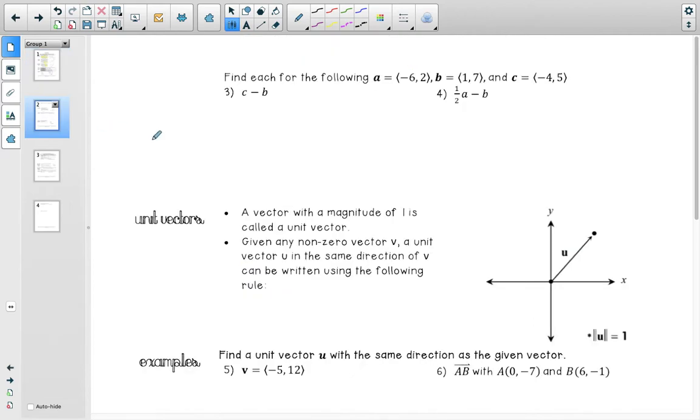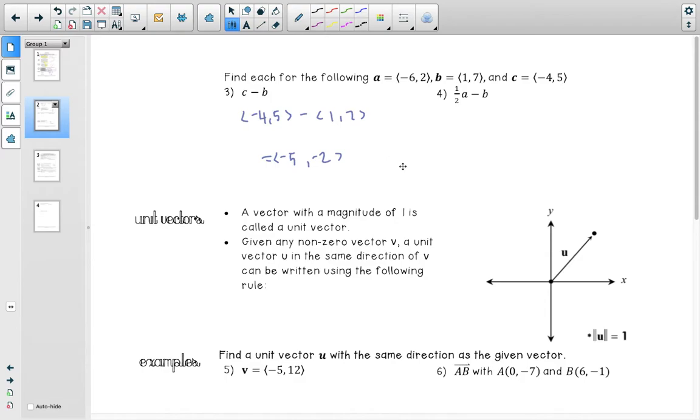And then if you're doing c minus b, you're doing negative 4, 5 minus 1 and 7, which results in negative 4 minus 1, which is negative 5, and negative 2. Now, some people don't write it that way. I'm just trying to show you it's vector c minus b, and then you can group it up, but I think you get that this goes with this component and this part goes with this part.